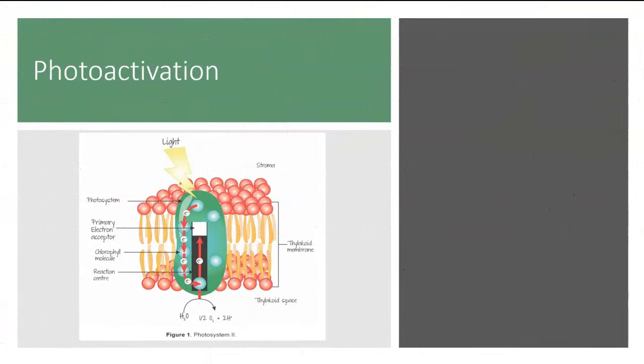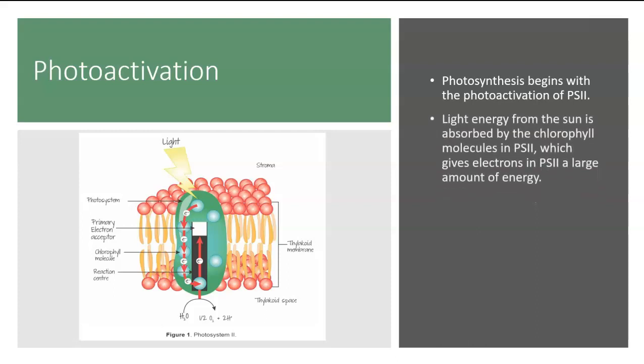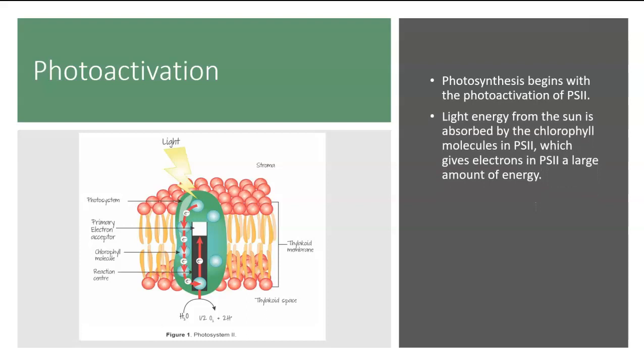In photosystem 2, this is what we call photoactivation. Photosynthesis begins with the photoactivation of photosystem 2. Light energy from the sun is absorbed by the chlorophyll molecules in PS2, which gives electrons in PS2 a large amount of energy. So it's all about that light energy exciting the electrons.